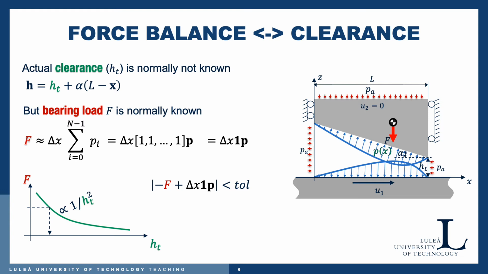It turns out that this relationship can be found by studying the dimensionless equation for the force balance for the load carrying capacity. If we integrate the pressure and make that expression dimensionless, we will clearly see that in this case the response in terms of F would be proportional to 1 over h_t squared.